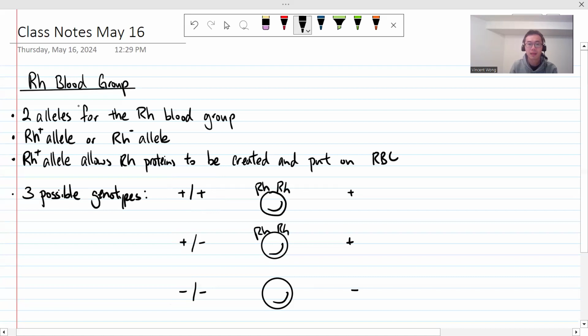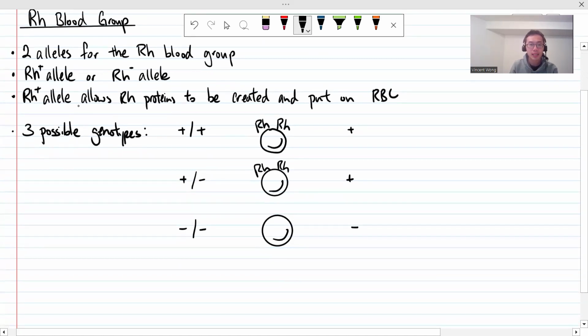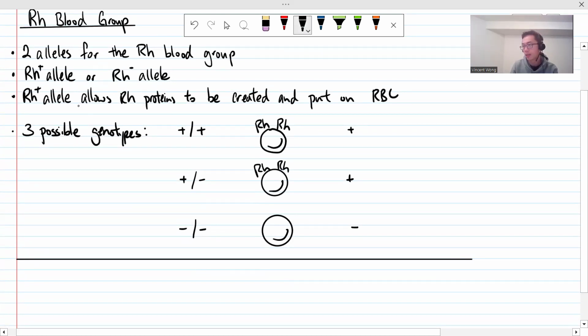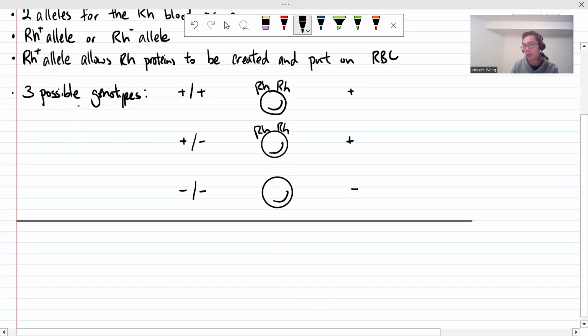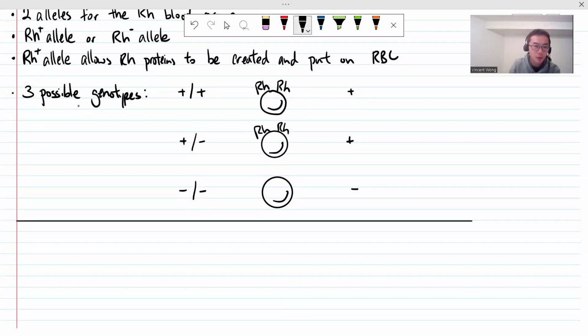So last time I asked you guys what your blood types are. And many of you told me, oh, you're A positive, you are B negative, right? So let's see what that means. Draw an example. Draw the RBC for each blood type.